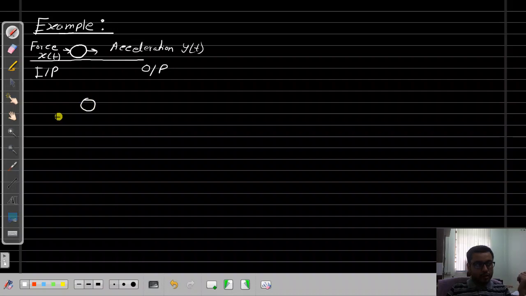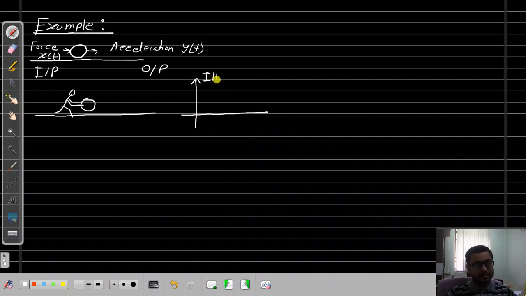One, when you push this object with a certain input pattern, maybe like this, then the output pattern will also look like this.